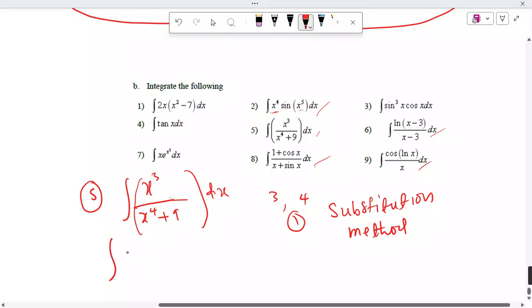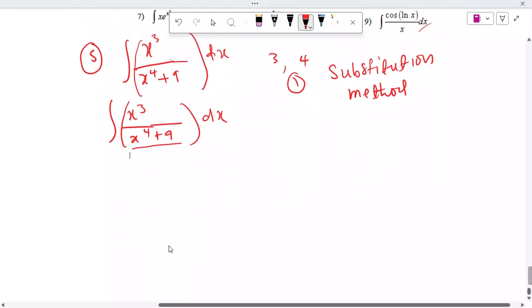So you have x power 3 over x. So here there is a slight change. Here we are not just getting x. So if we substitute, for example, let u equal to this, we are getting everything. So let's continue.